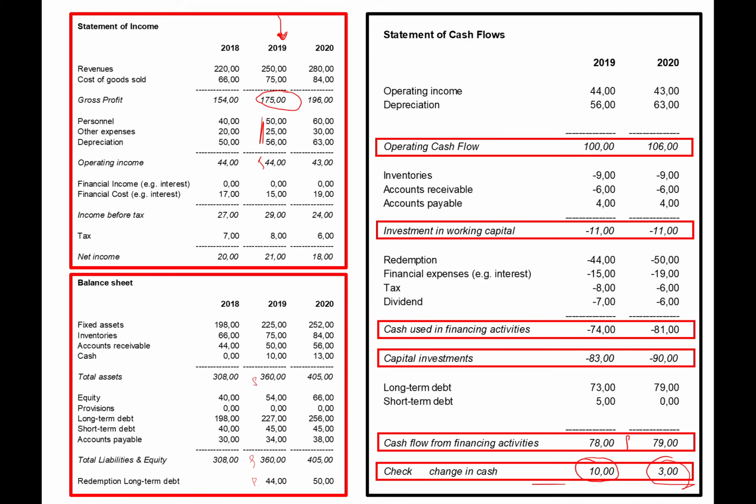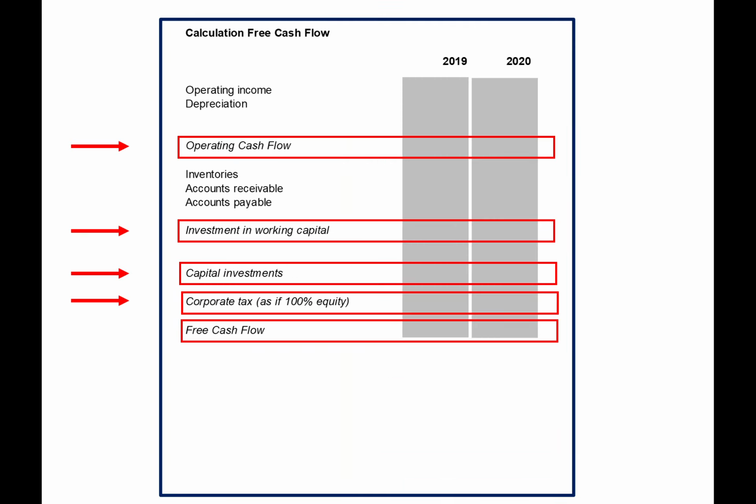If you need a free cash flow, then you look at the items operating cash flow, investment in working capital, capital investments, and you deduct the corporate tax as if the firm has no debt. So the operating cash flow in the previous example, 2019, was 100. The investment in working capital was 11. Capital investments, 83.